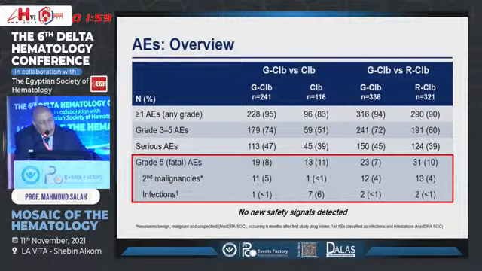Also, the grade 5 fatal adverse events were 8% in the Gazyva chlorambucil arm, comparing with 11% in the chlorambucil arm, actually due to disease progression. Also, second malignancies were 5% in the Gazyva chlorambucil arm, comparing with 1% in the chlorambucil arm.